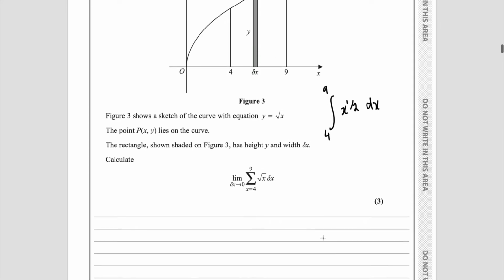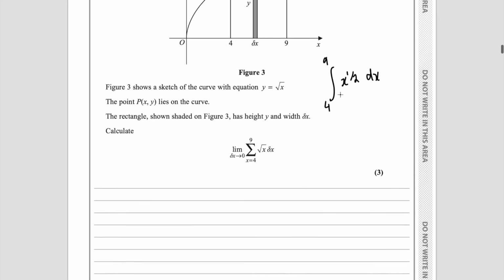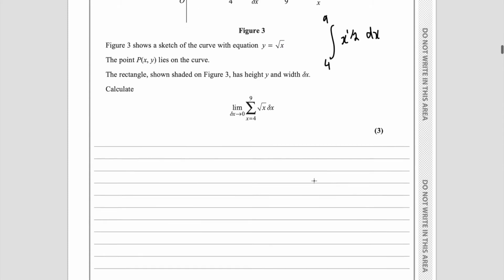And now what we can do is take this further by solving this very simple integral. Compared to the other ones that we have to deal with, it's very simple. So we add 1 to the half, which makes 3 over 2, and then we divide this whole thing by 3 over 2 to make 2/3 multiplied by x to the power of 3 over 2.